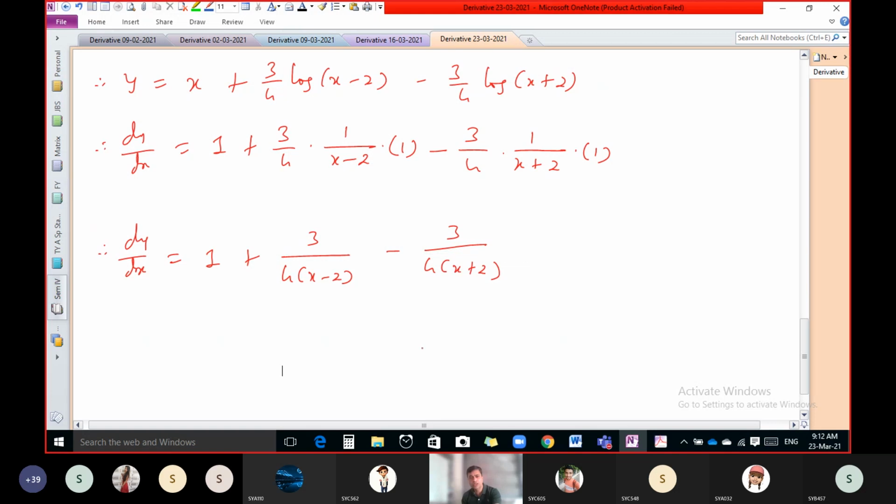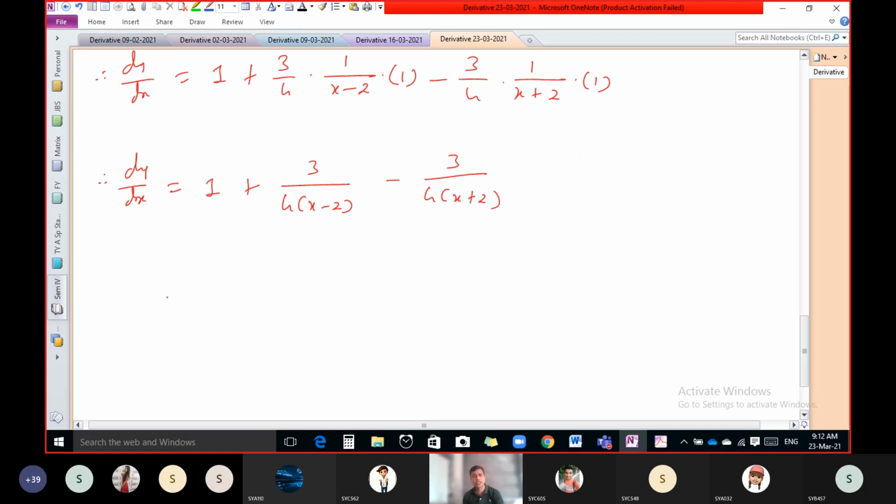Now, one more step for simplification. What we have to do? LCM. 4, x − 2, x + 2 is the LCM. So we multiply all these three terms with 1, because there is no denominator here.